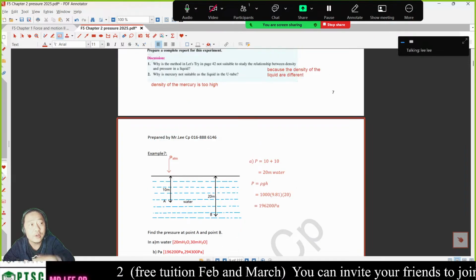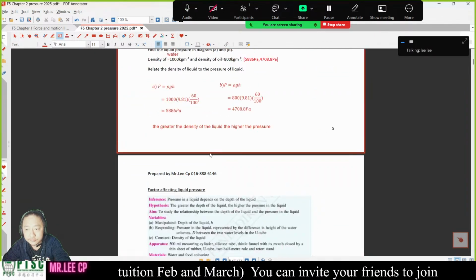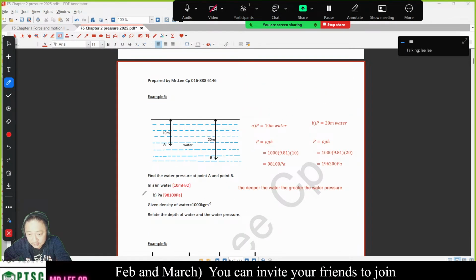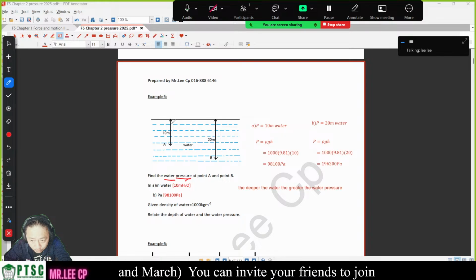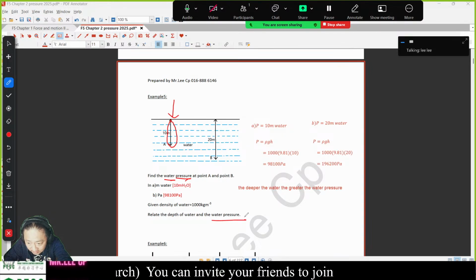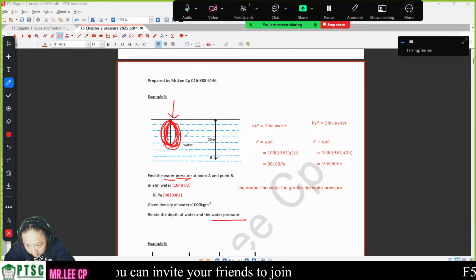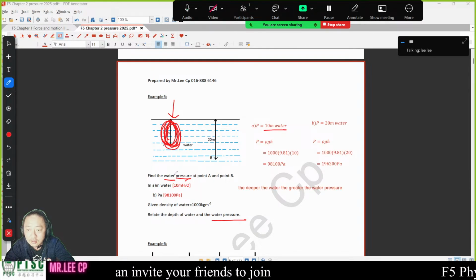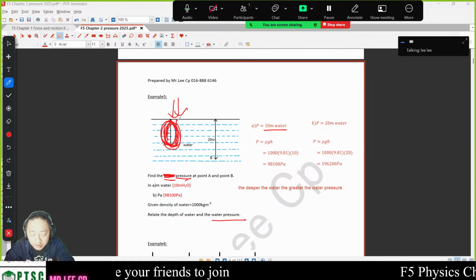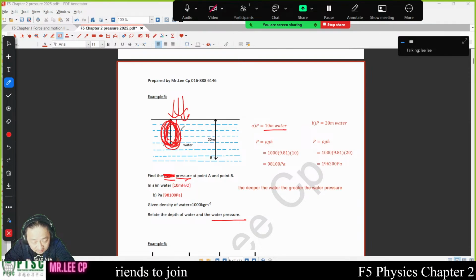Now I go back again. Here, find the water's pressure. Find water only. Atmospheric pressure is not given. So find the pressure caused by the water, 10 meters. Find pressure at point A, so you need atmospheric pressure and this.